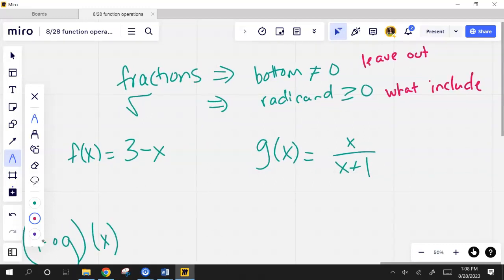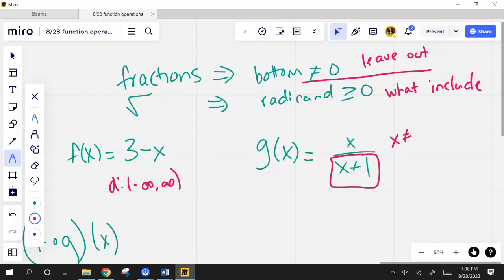So if I look at f of x, I don't see any radicals. I don't see any fractions. So I'm going to say the domain here is -infinity to infinity, and that makes sense because that is a linear function. Over here, that's a fraction, so I need to not let the bottom be 0. So I need to make sure x is never what? Look at the bottom. All of this can't be 0, so -1 would make the bottom 0. So my domain would be -infinity to -1, union -1 to infinity.